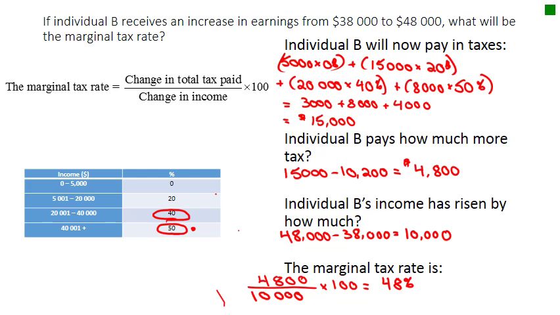So how much more in tax? We look at the tax paid now, subtract it from the tax before that we calculated, and we see that they're going to pay 4,800 more in taxes. We know the income has risen by 10,000, but we'll show our calculations to get full marks.